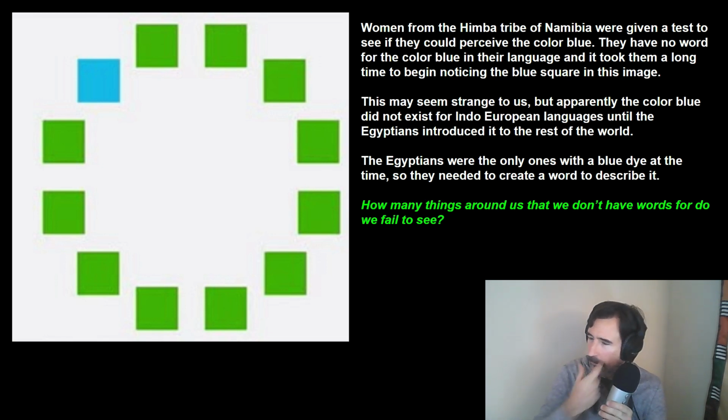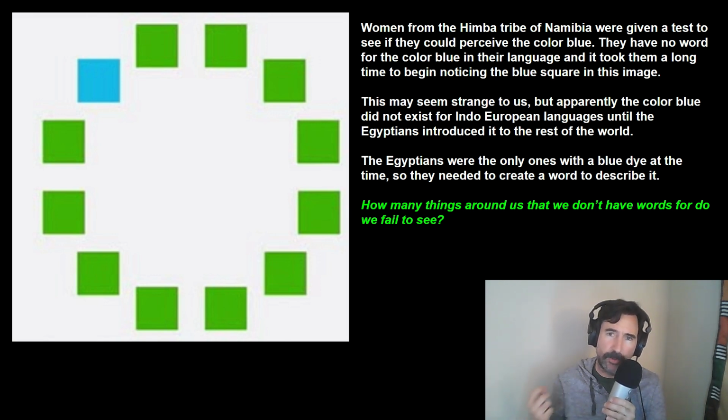I'm sure all of us can see the blue square here, right? These women of this tribe have no word for the color blue in their language. And it took them a long time to begin noticing the blue square in this image. They flat out did not see this image for quite a while until it was pointed out to them.